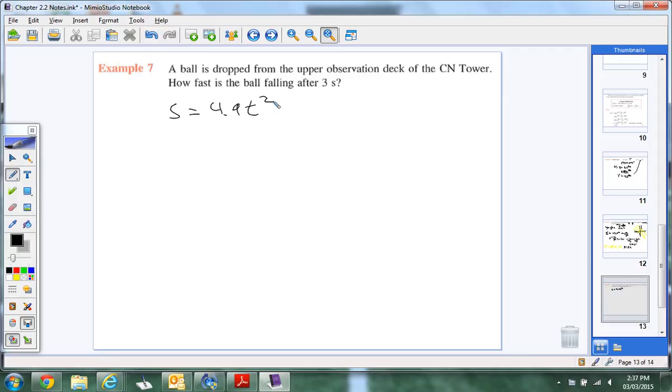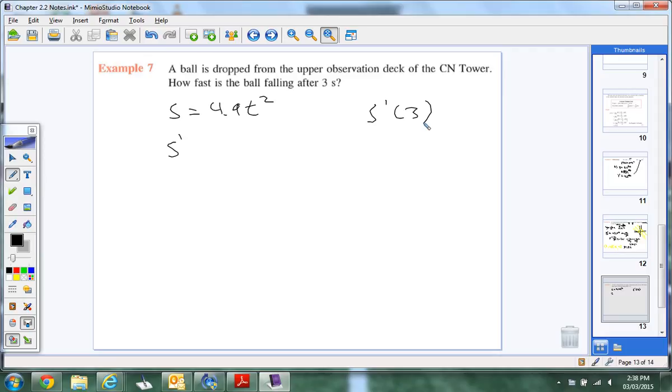So we're taking the derivative. We're doing s prime, right? What's the question asking? So it's asking for speed at a specific time, correct? So that's why we're doing what we're doing. We're finding the derivative to figure out the tangent at that specific point they're giving us, because they're giving us 3 seconds. So what they want is s prime of 3. Does that make sense? They want the derivative of the position with respect to time at 3 seconds.